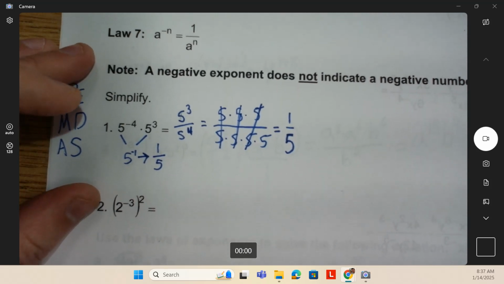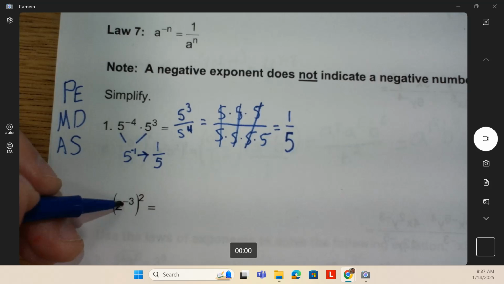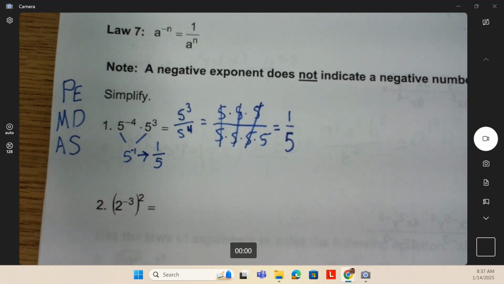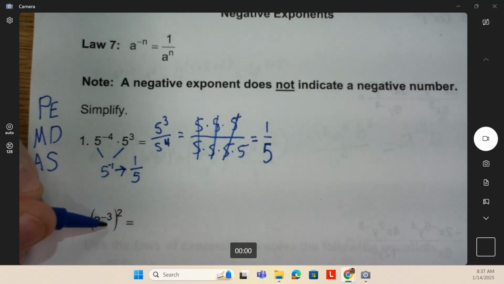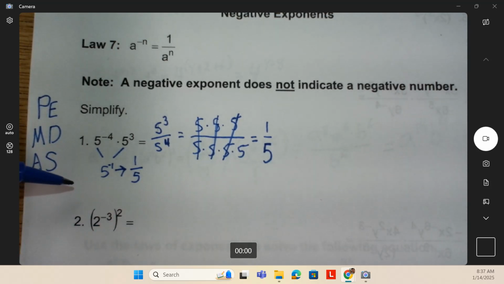With number 2, I've got 2 to the negative third, then to the second power. So what I can do, since it's an exponent to another power, when I zoom into those exponents, those are going to multiply together.